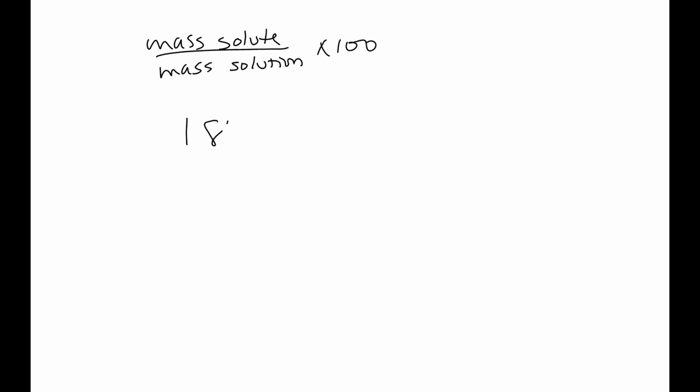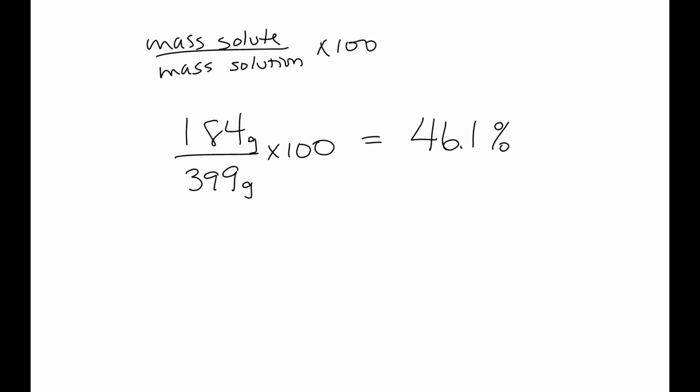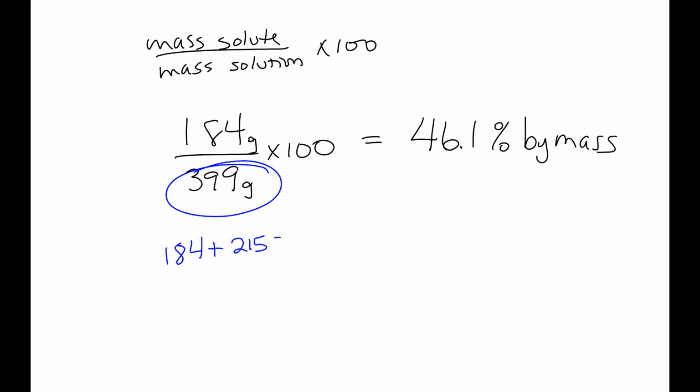So we have 184 over 399 grams, so it's 46.1% by mass. Now this 399 is 184 plus 215. Okay, so hopefully you don't forget to do that. Other than that, that's pretty much it.